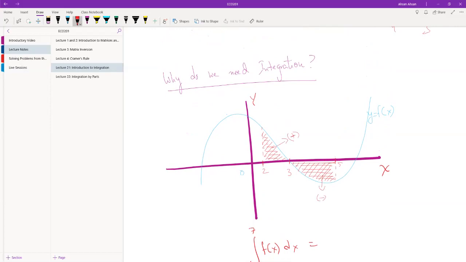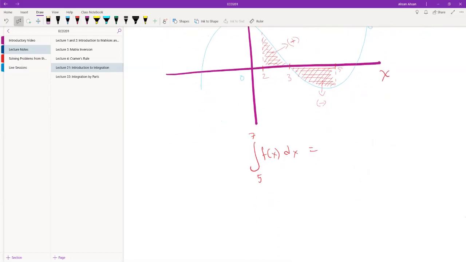And so what we will have to do is we will have to integrate f(x) with respect to dx within the range 2 and 3. We are also going to integrate f(x) dx within 3 and 5, but this is going to be negative.